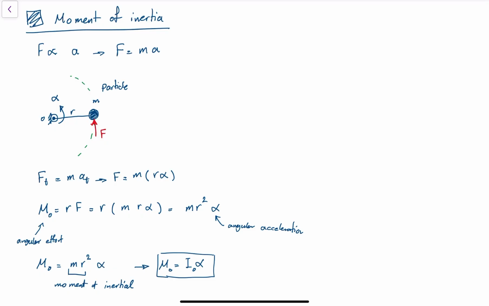So we have this equivalent of the equation of motion. Instead of F equals mass times acceleration, we have moment equals moment of inertia times angular acceleration. And this proportionality constant is moment of inertia, so m r squared.